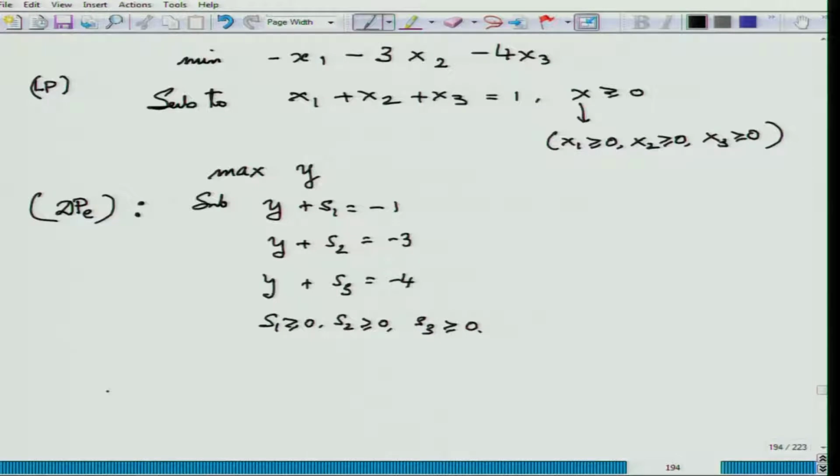Now, once you know that, what is my KKT condition? Let me write down the relaxed KKT.